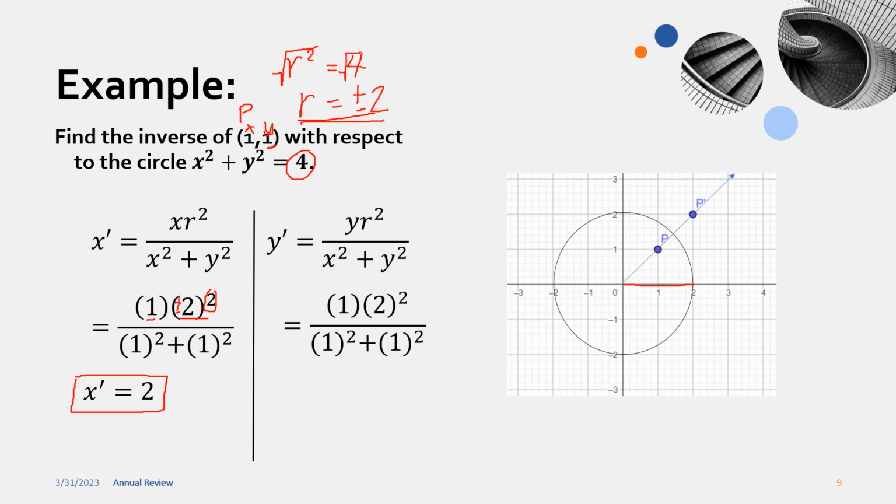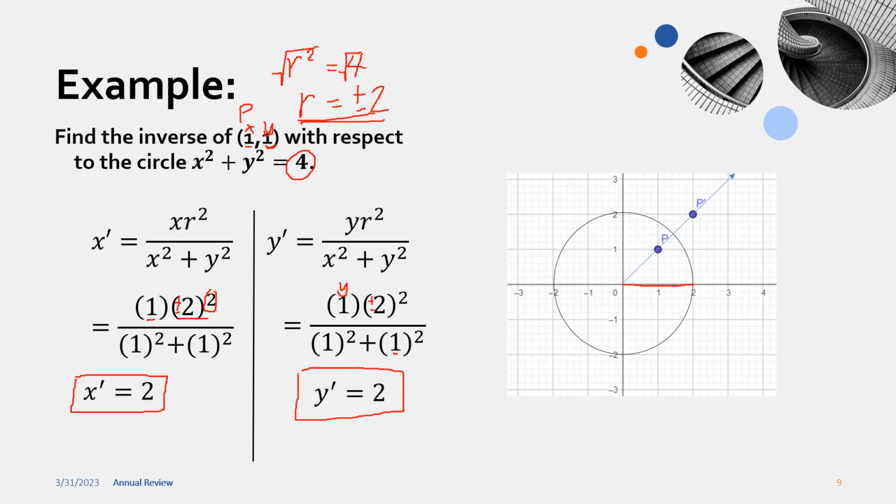The value of x is equal to 1 right here, and our y is also equal to 1. Simplifying, we get the value of our y prime is equal to 2.